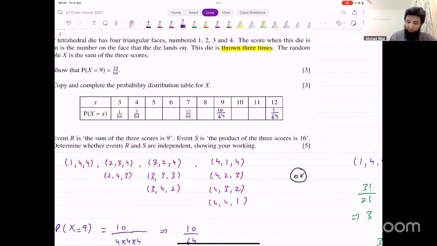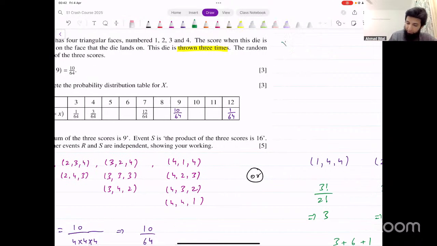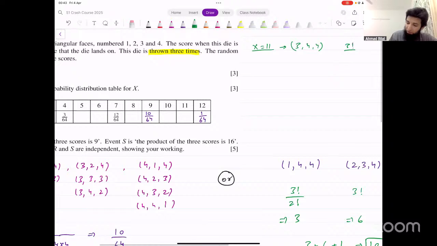How can you get a sum of 11? A sum of 11 is possible with 3, 4, and 4. How many arrangements of this can you do? 3 factorial over 2 factorial, right? This can come in 3 factorial over 2 factorial ways.